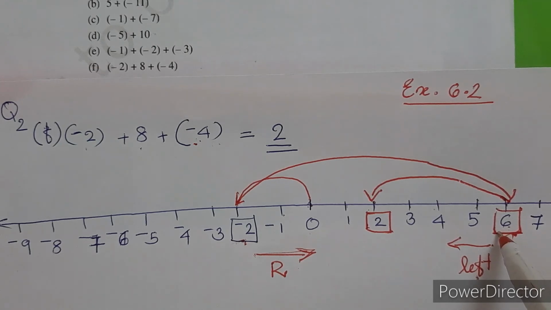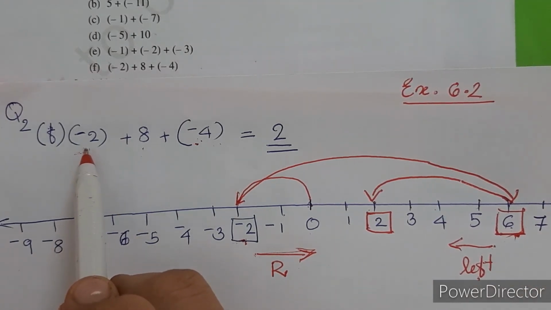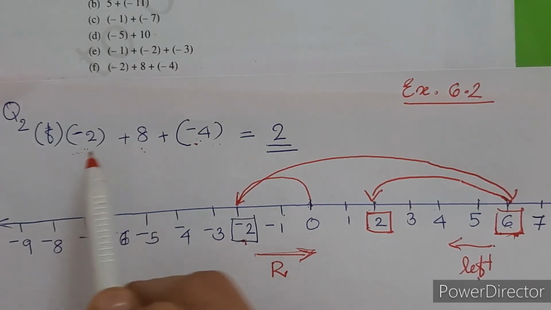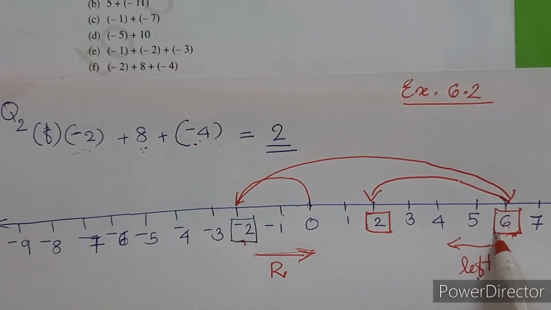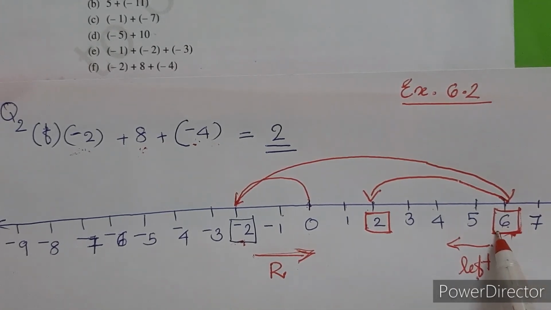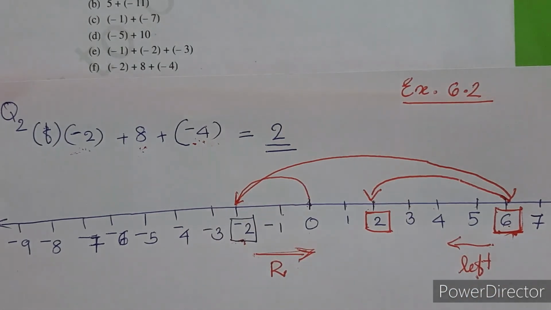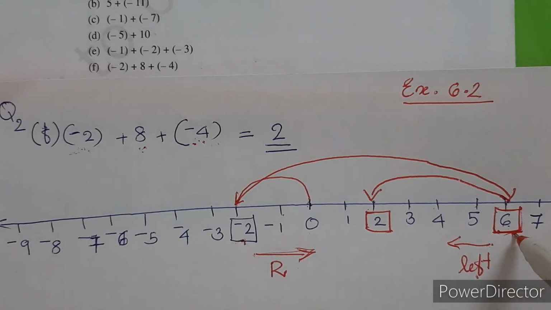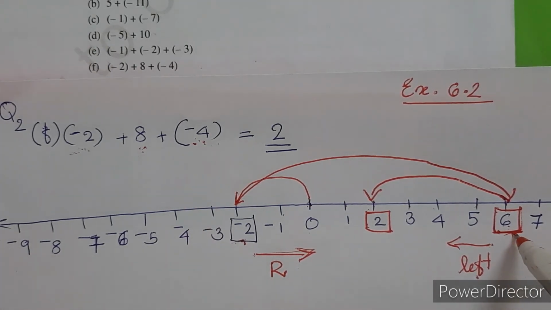So we add these 2 digits first, minus 2 and 8. We got the answer 6, right? Then we add minus 4, that is the third integer, to the present answer, which is 6. So we add minus 4 to 6.